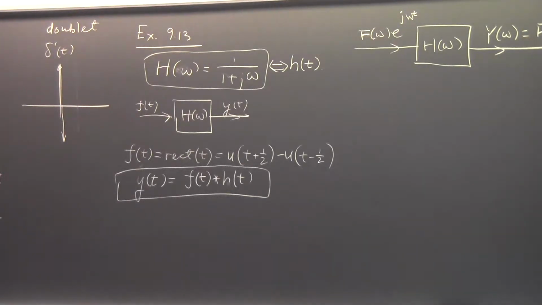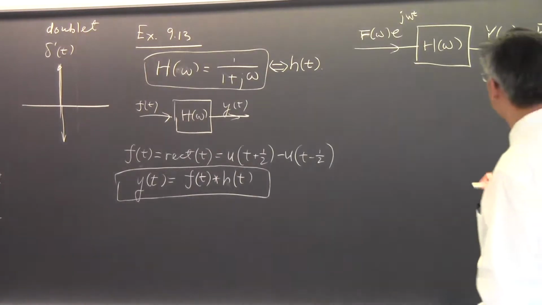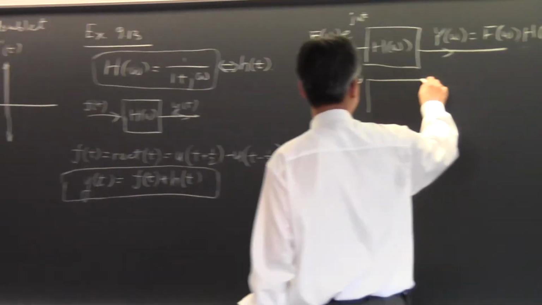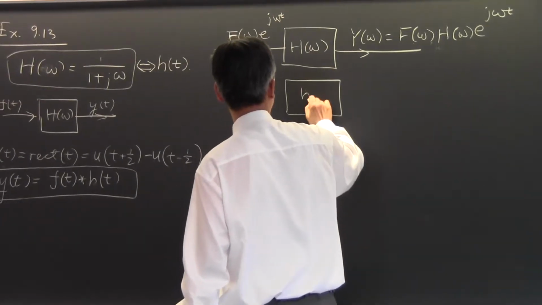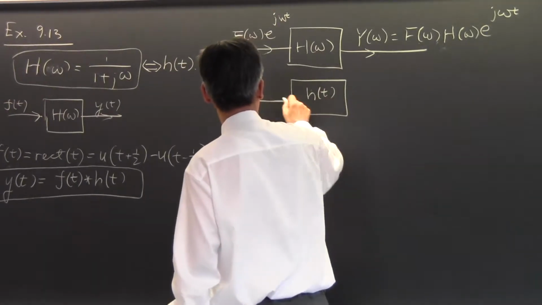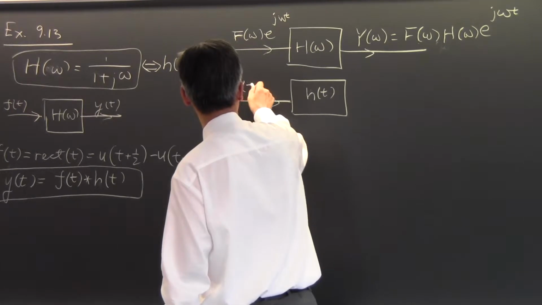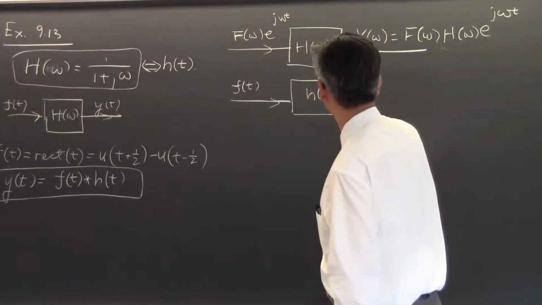This diagram you can understand quite quickly. Now if you Fourier transform this diagram, over here you get this in the time domain. You Fourier transform this, you get that. You Fourier transform this, you get the time domain version of that.